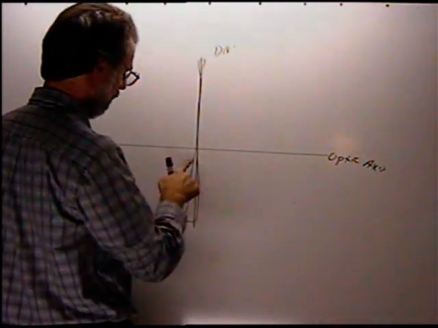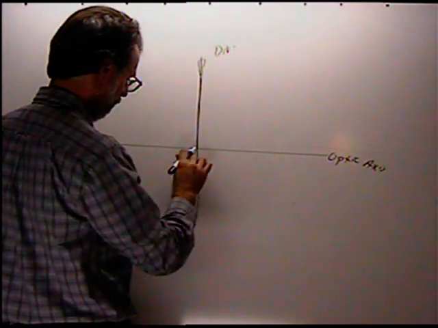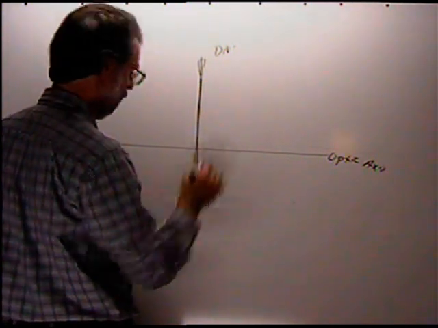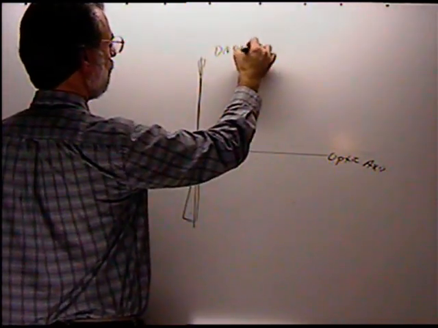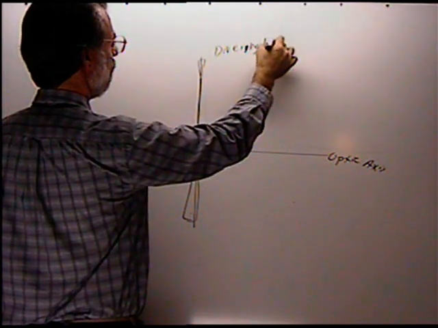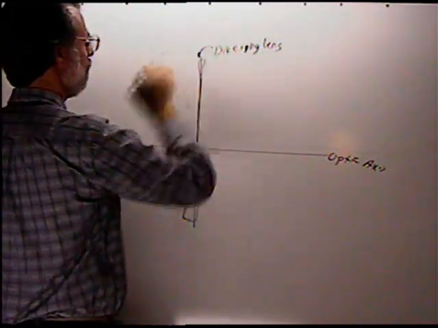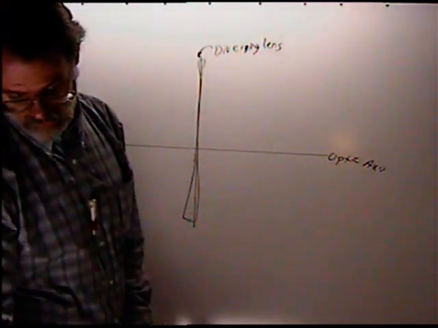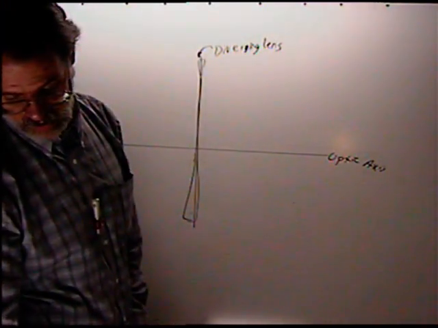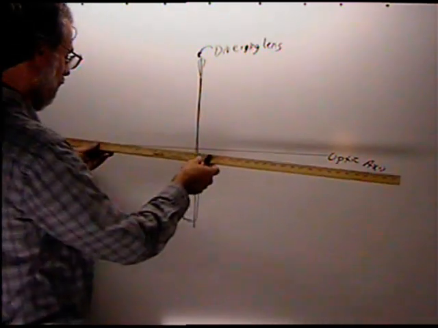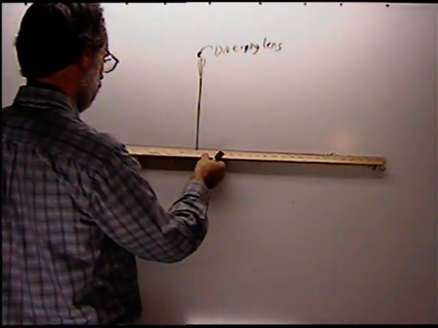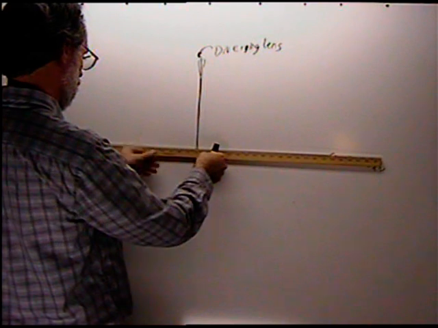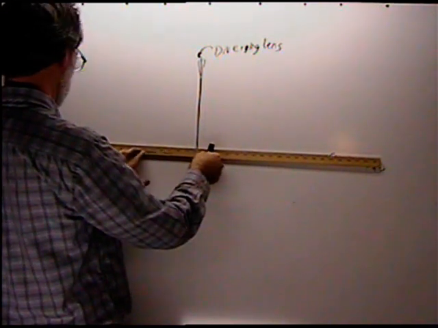That's a really bad way to draw it, a bad drawing. Anyway, a diverging lens using the thin lens approximation. Okay, focal point is 8. I'm going to expand that to 16 just for drawing it.